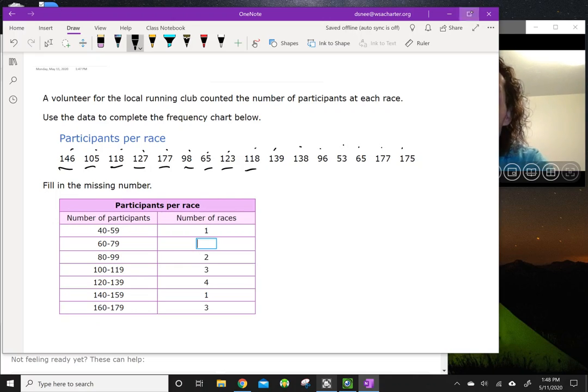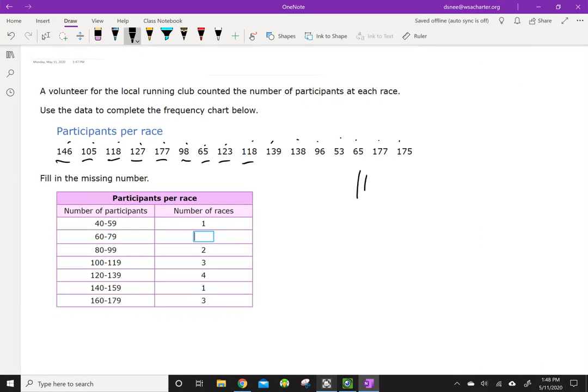So my frequency table should have a total of 16, right? So I could look at it this way and go 3 plus 1 is 4, plus 4 more is 8, plus 3 more is 11, 12, 13, and 14. So this should be 2 right in here, but I'm going to count anyway.